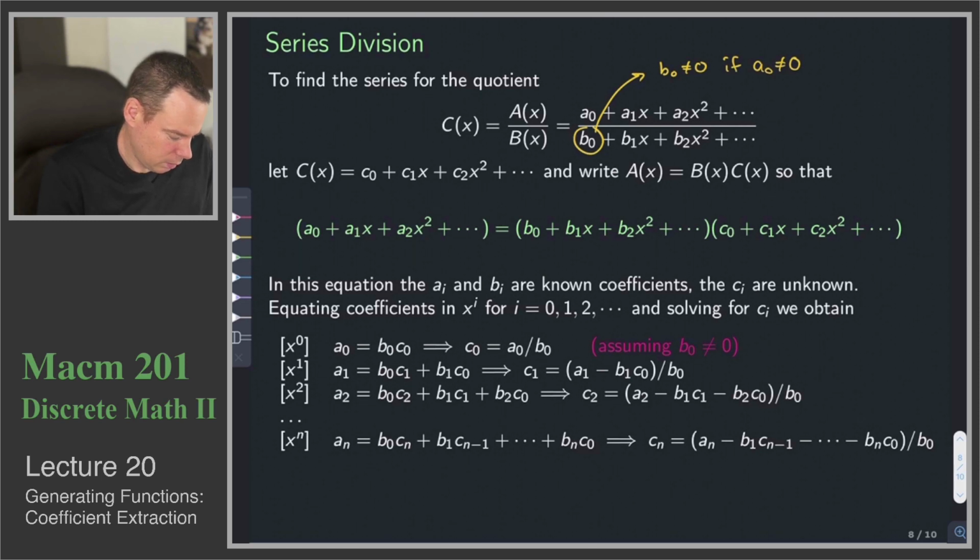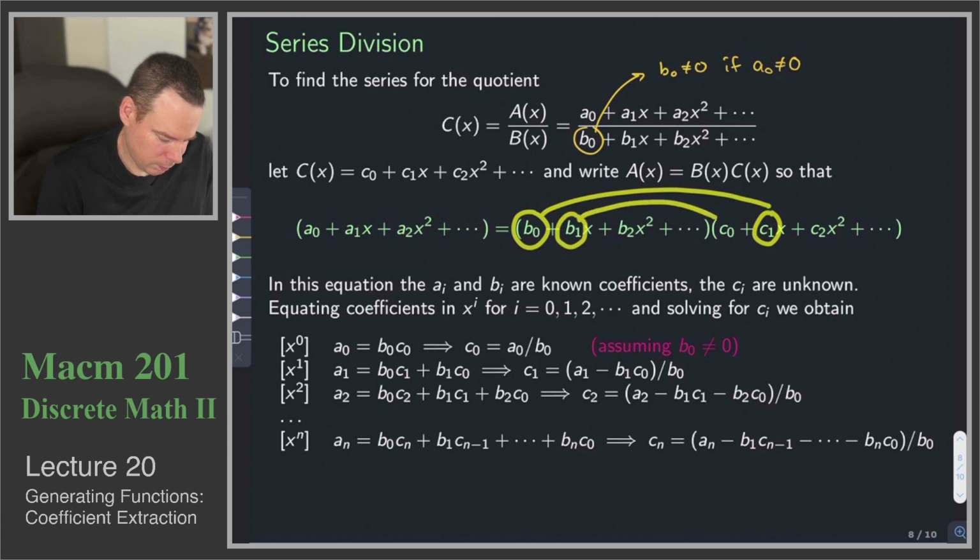All right, so how do we get the next term? We look at multiplying these two and figuring out what the linear term is. That would be B naught times C1 plus B1 times C naught, by the way multiplication works for these power series. The product B naught C1 plus B1 C naught has to be A1.